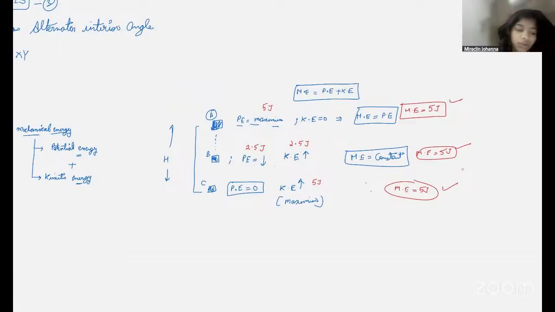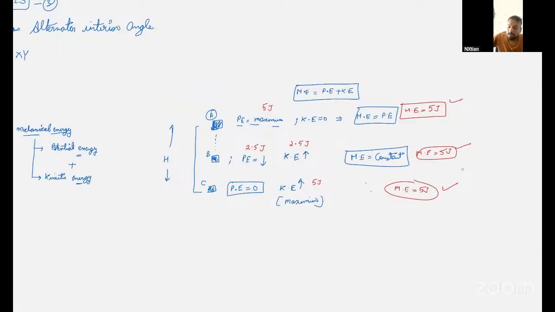So I want to ask a question. So mechanical energy is always constant, it never changes. For the whole system, the mechanical energy will remain constant. It won't go low, it won't go high.